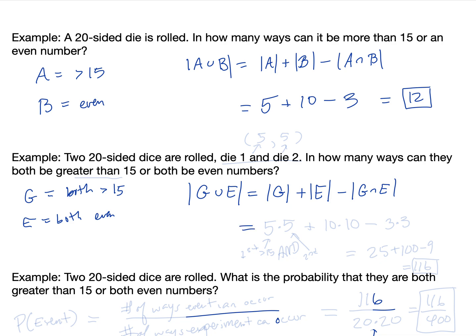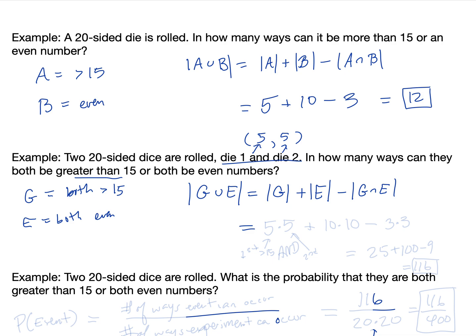So the number of ways G can occur. This is really now a list of length 2. We've got the number of choices for what the first die is and the number of possibilities for what the second die is. And so if they're both greater than 15, there's 5 ways for the first die to be greater than 15 and 5 ways for the second die to be greater than 15.